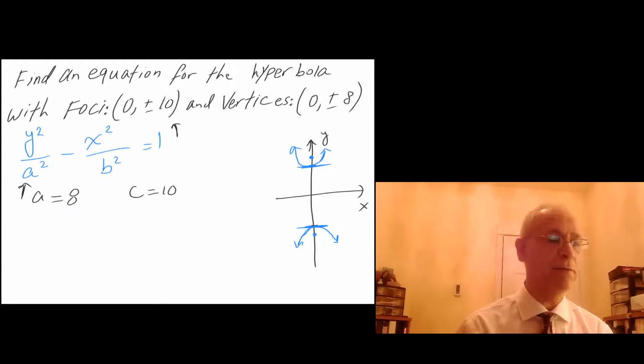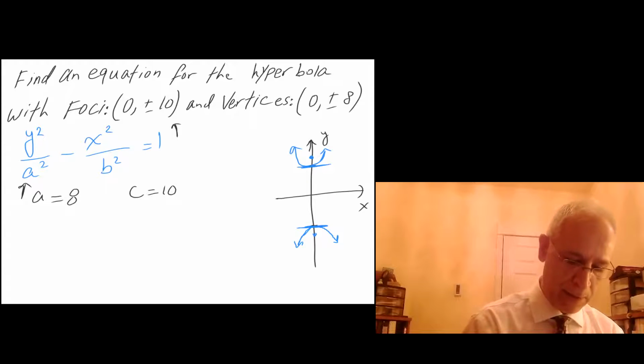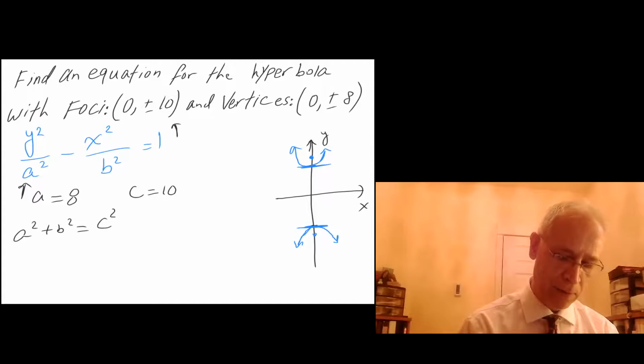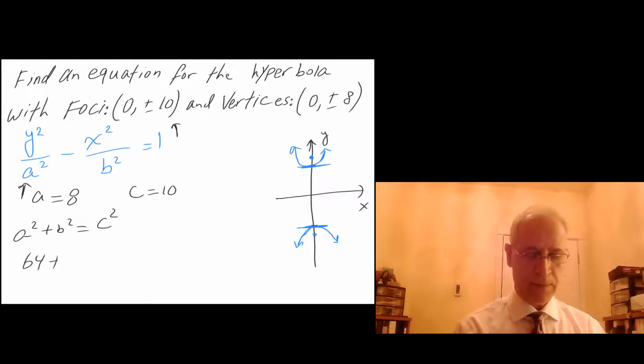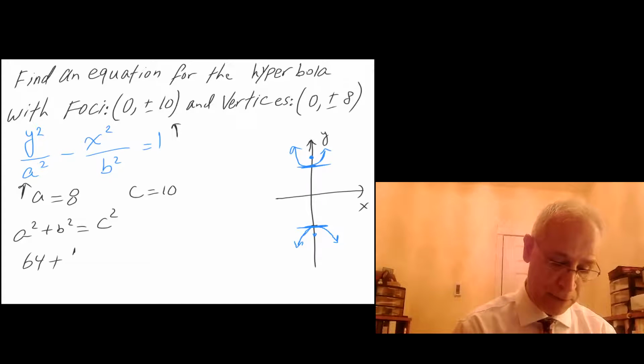So I can use a squared plus b squared equals c squared. And so a squared is going to be 64 plus b squared, I don't know what that is, I'm trying to find out, equals 10 squared, which is 100.